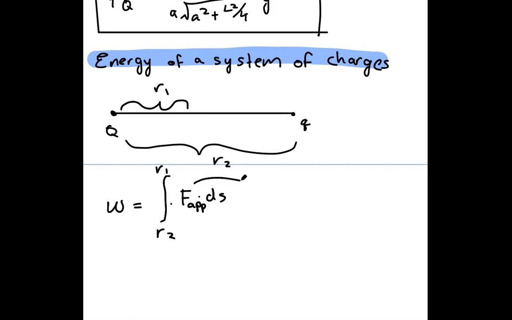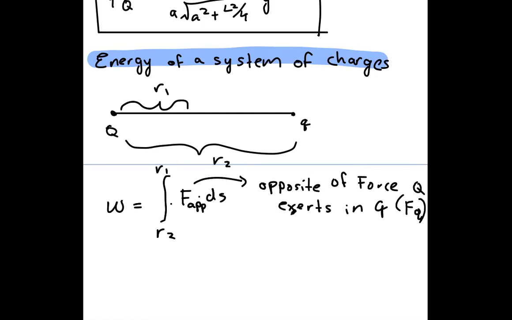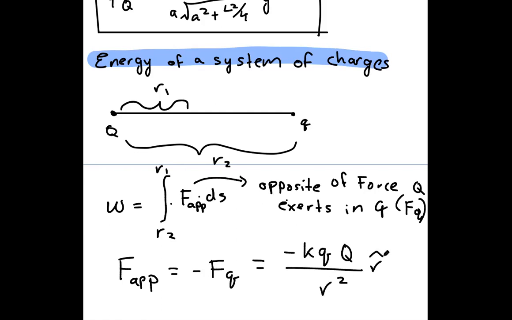And so we know that F applied is actually just the opposite of the force that Q exerts on Q. So we know that F applied is equal to negative F sub Q. So it's a force pair of F sub Q, and that's equal to negative kq times Q over R squared times R hat.